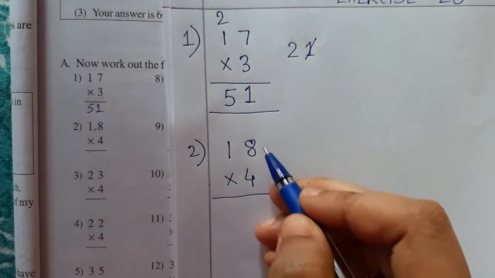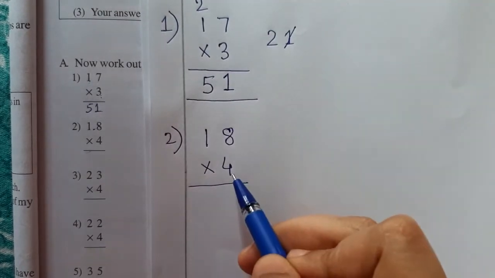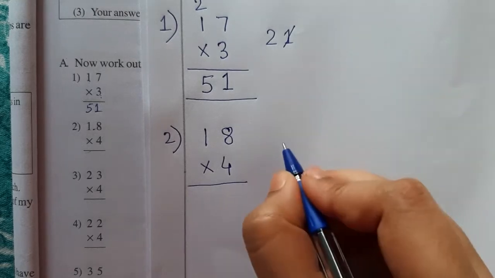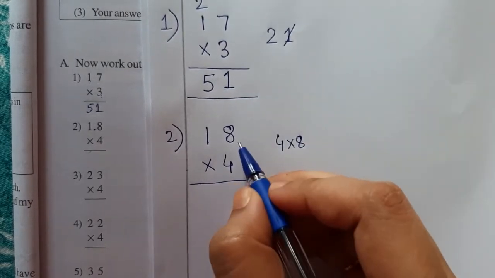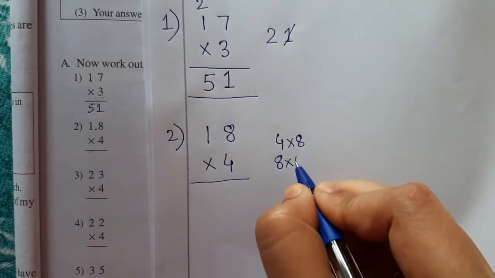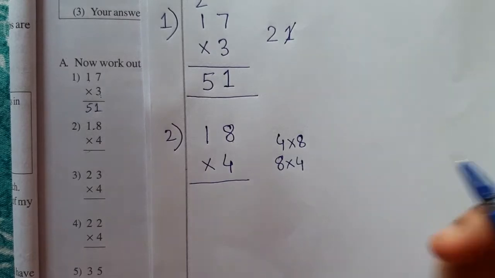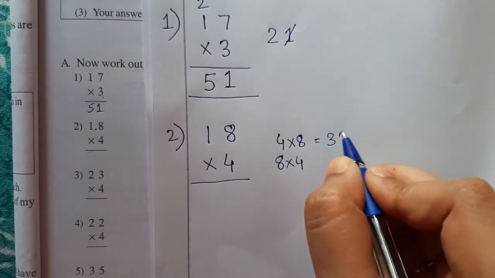Now 4 eights are. Now see one thing students. You can either count 4 into 8, or you can count 8 into 4. Whatever is easy for you. In both these cases, the answer will be 32.